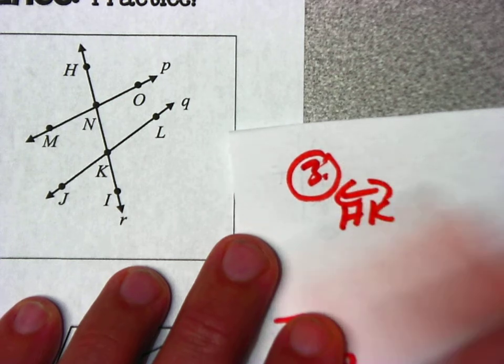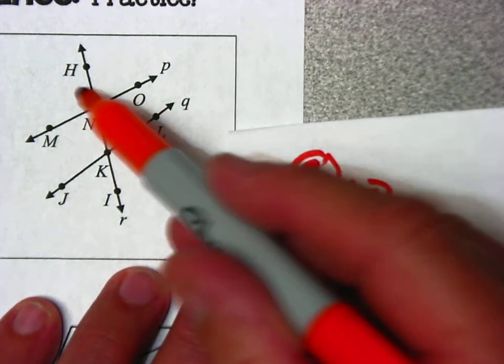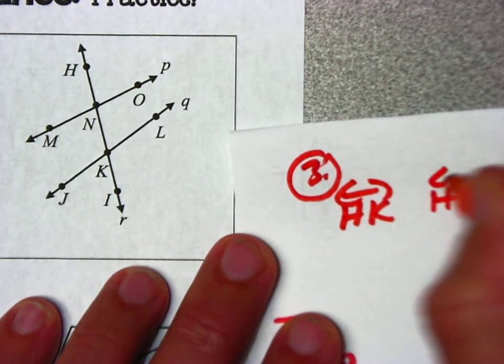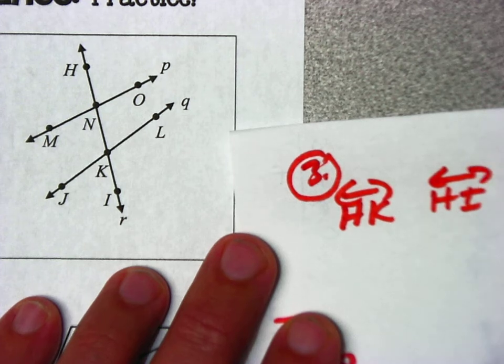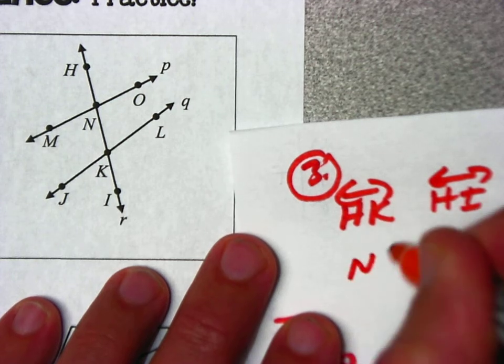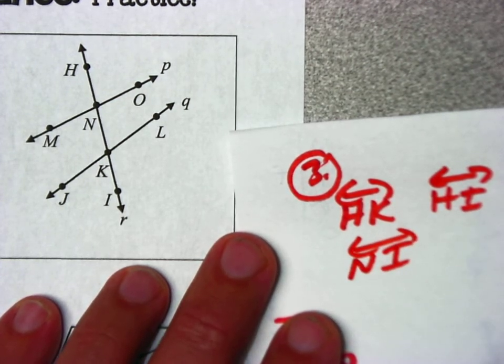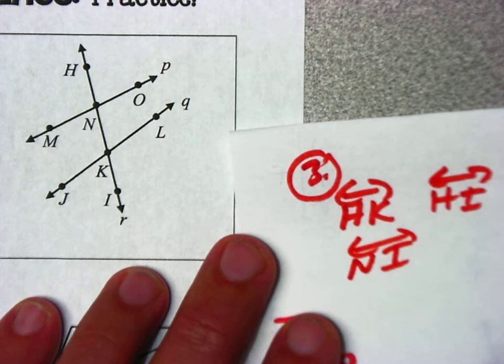A line that contains points H and K, just grab H and K. You could pick HI if you wanted to. If you wanted to, you could pick NI, as long as you're picking any 2 points that are on that line.